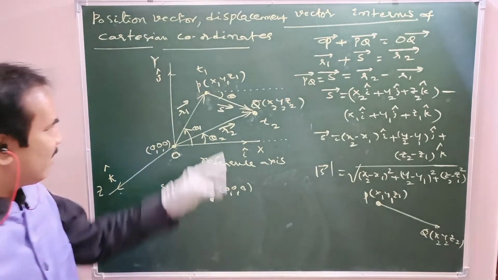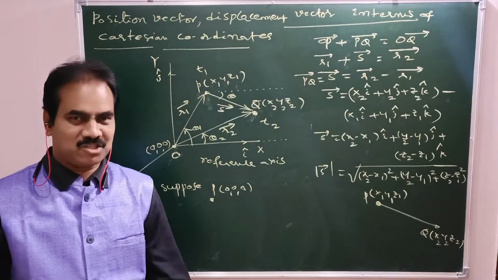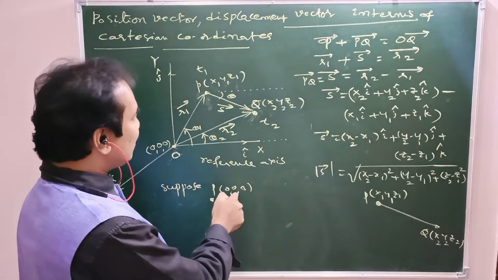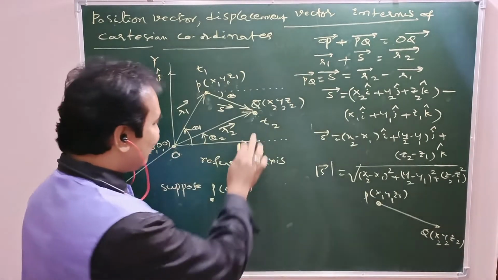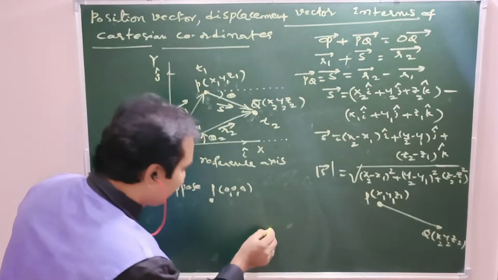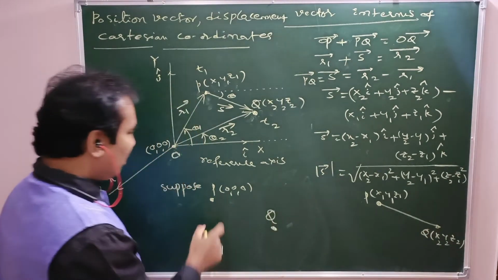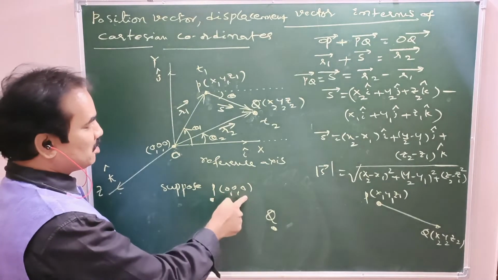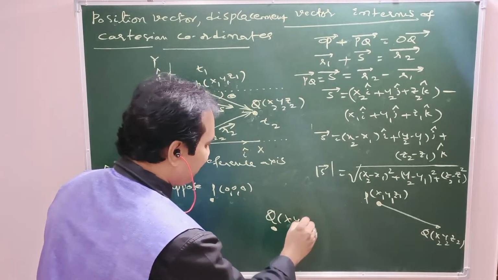I am fixing P to the origin. Origin means reference point. That is the reason why I am taking 0, 0, 0 instead of x1, y1, z1. Now what about Q? Let Q be the particle. As P becomes 0, 0, 0, I am taking Q as x, y, z.